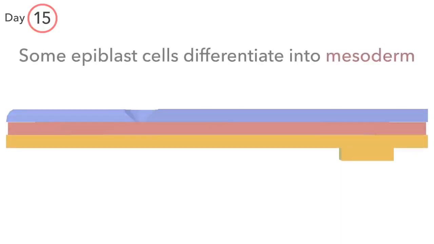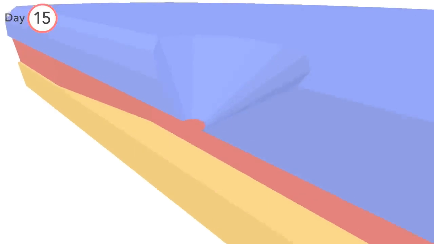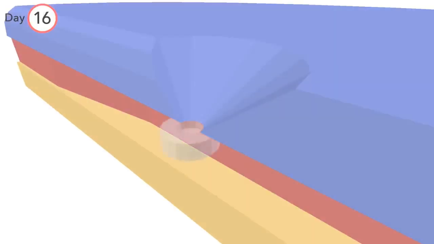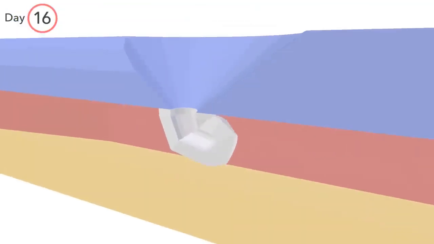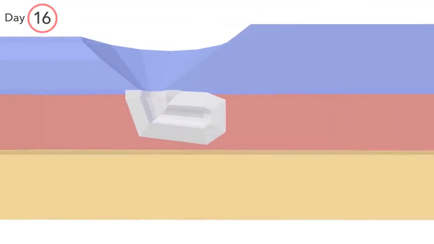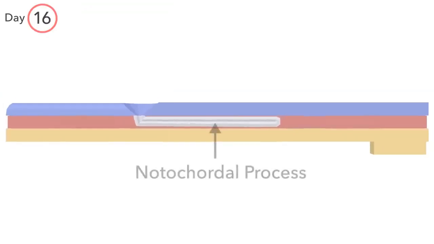And cells which differentiate into mesoderm force their way between these two layers. Around day 16, cells migrating through the area known as the primitive node begin to form a hollow rod which curves toward the cranial end of the embryo. It extends toward the prochordal plate and is known as the notochordal process.